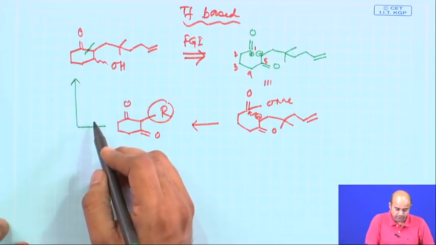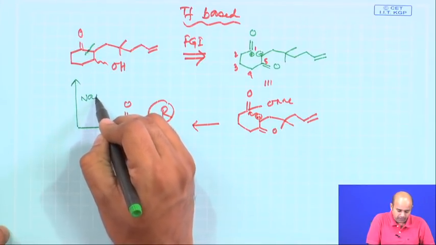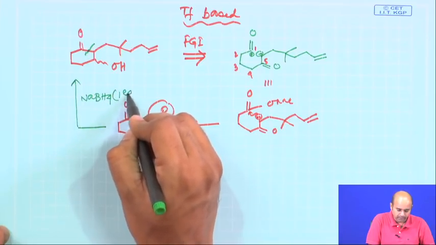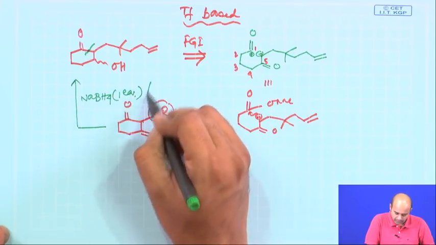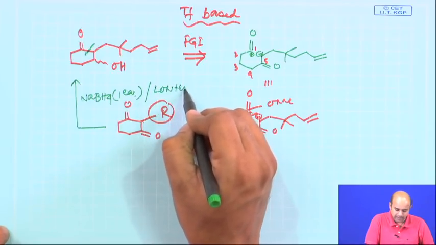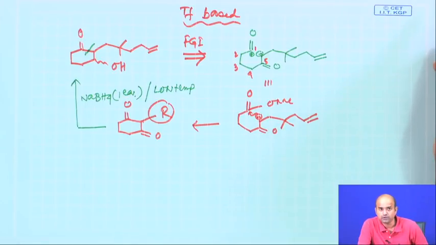Here is the trick: a simple way you can do it is by using sodium borohydride, 1 equivalent. You can do a low temperature reaction, but that might not always be very successful, though eventually you can get some amount of product.